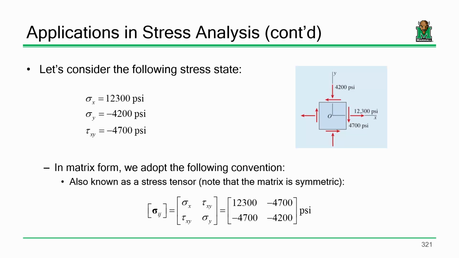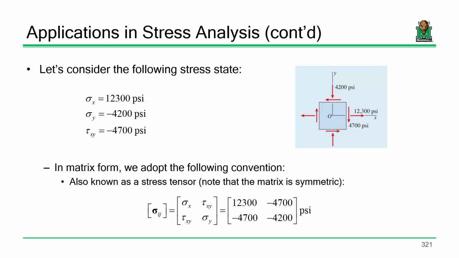Negative stresses tend to decrease your length. So sigma x is positive, sigma y is negative, tau xy is negative 4,700, and that's our stress state. You all have done stuff like this before, I promise, okay? Now, I propose to you we can write these stress values in matrix notation. If you ever hear me refer to the term stress tensor, that's what I'm talking about.